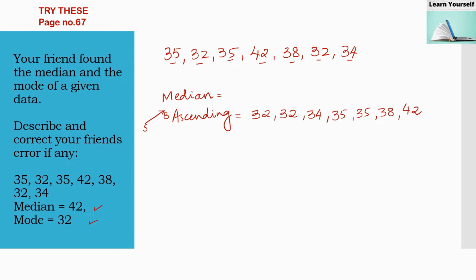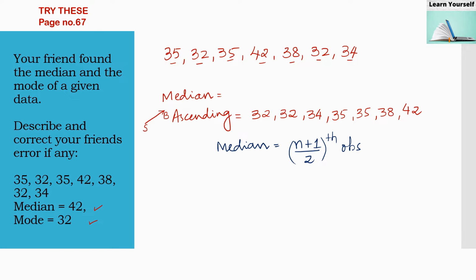Now when we are finding a median, we are going to find the middle number of this data. So how to find that? One of the formulas which we have is this: when we are finding the median, we have the formula (n plus 1) divided by 2. Here n is the number of observations.